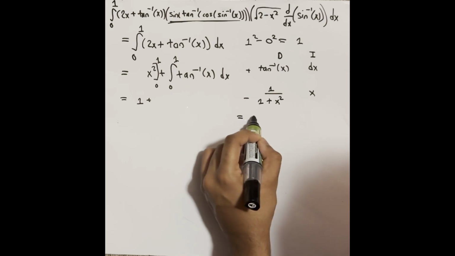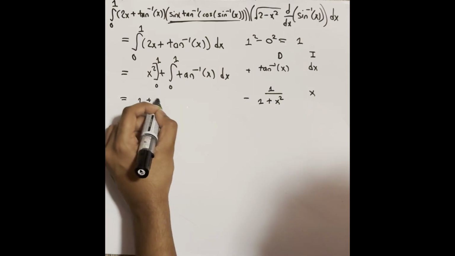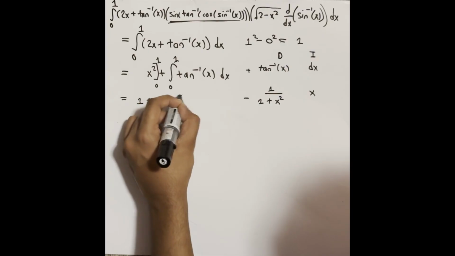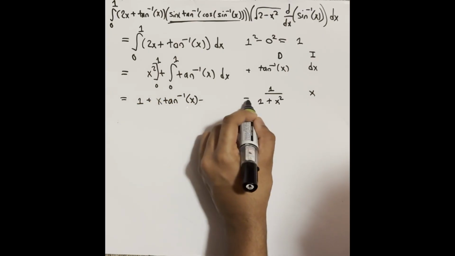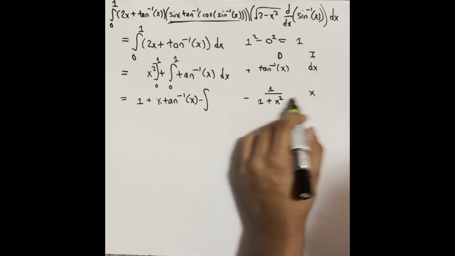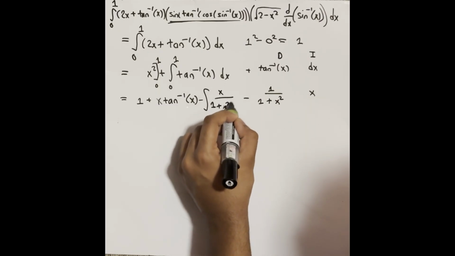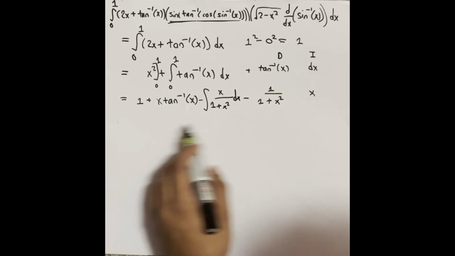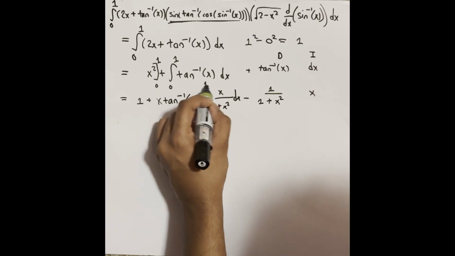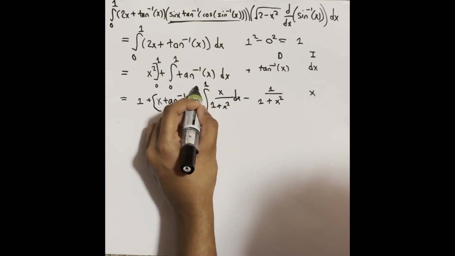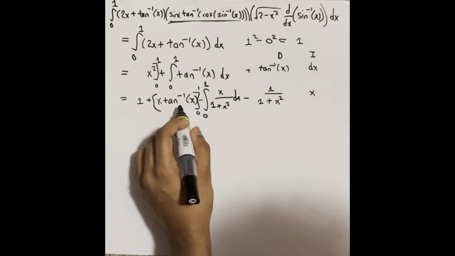Now multiply the diagonals, so you get x times inverse tangent of x, and then add the integral on the bottom, so you actually get a minus because it's a negative, so minus the integral of x over 1 plus x squared dx. Now we have to solve this remaining integral. Don't forget the 0 to 1.